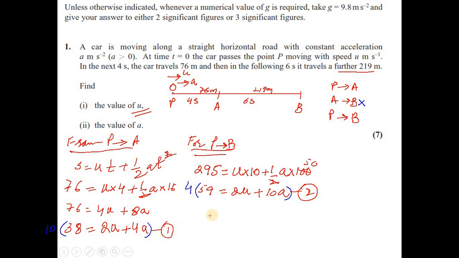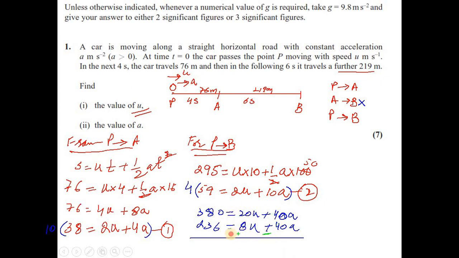After multiplying the first equation by 10, I have 380 is equal to 20u plus 40a. And after multiplying equation 2 by 4, I have 236 is equal to 8u plus 40a. So I need to subtract. Subtraction means you need to change the sign of one of the equations.